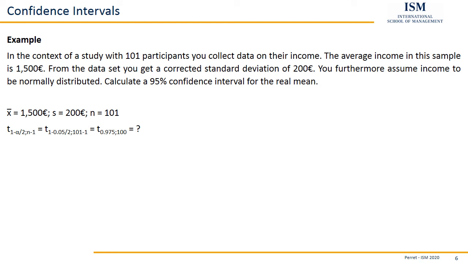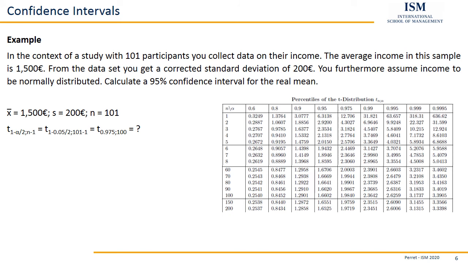So we get the t-value of 0.975. That's 1 minus 0.05 half, and then 100 degrees of freedom. So I take the table, here it's a bit extended, and I take a look in the row for 100 and in the column for 0.975, leading me here to a value of 1.984.